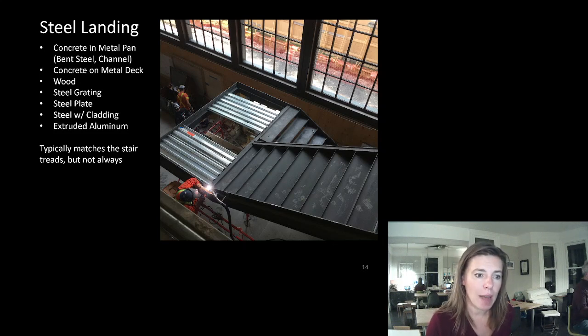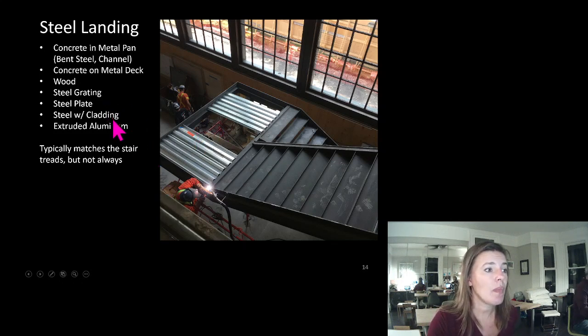And then once we established that and the brand you were imagining using, I'd go pick out what one worked for the spans we're talking about. You can do normal steel framing and then clad it. You could do extruded aluminum profiles and infill it.